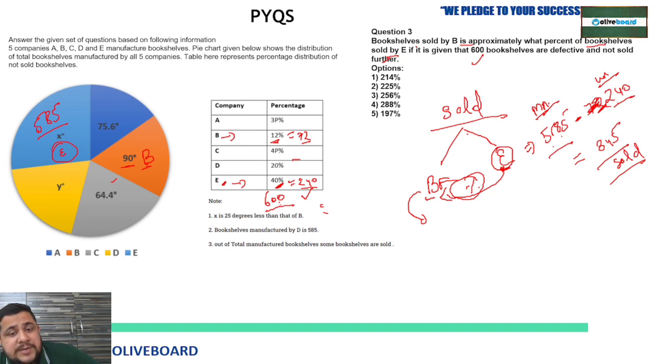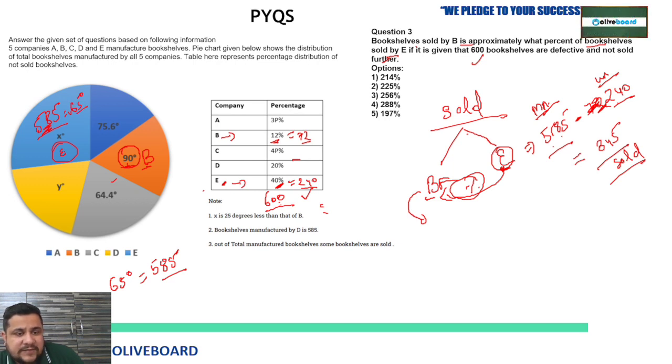Now how many did B sell? B is 90 degree. Now we have to calculate how much this 90 degrees is. See, 65 degree is equal to 585, that we know, because the number of books manufactured by E is 585, which is distributed in the form of degrees, 65 degree.